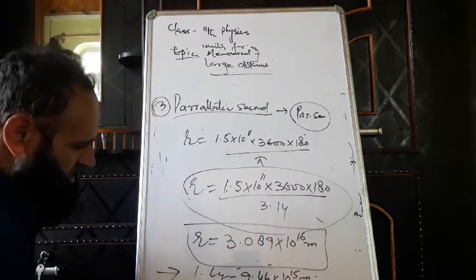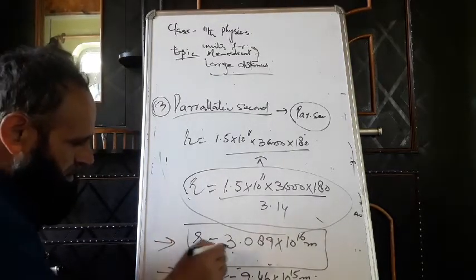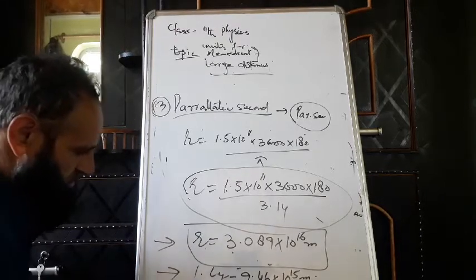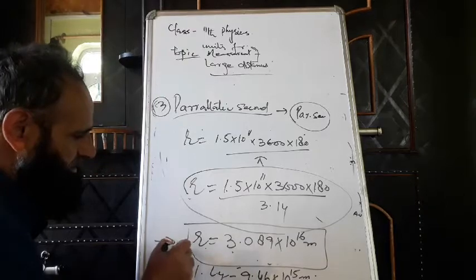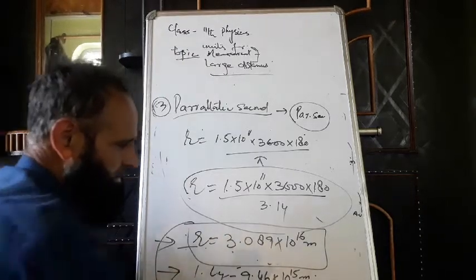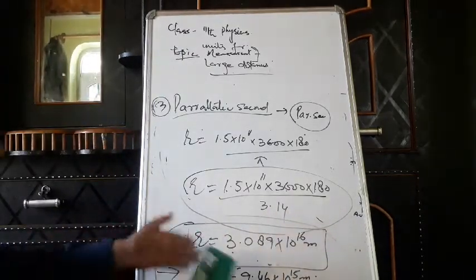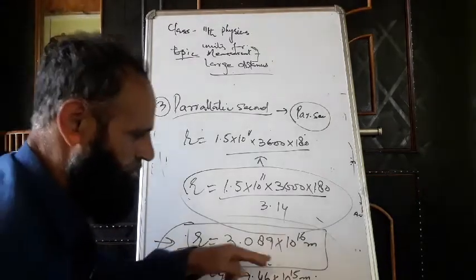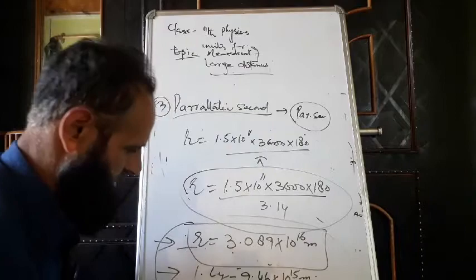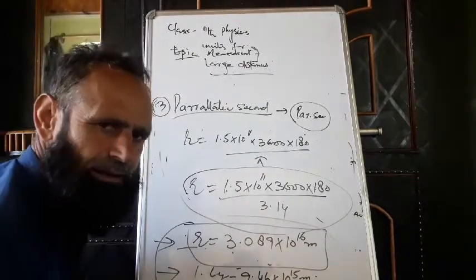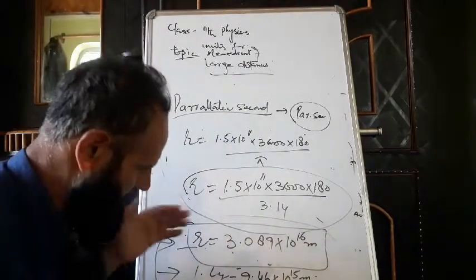These are the three units: parsec, light year, and astronomical unit. The astronomical unit is the smallest, the light year is bigger, and the parsec is the biggest among these three. We may use these units for measuring the distance of heavenly bodies, or the dimensions of galaxies.